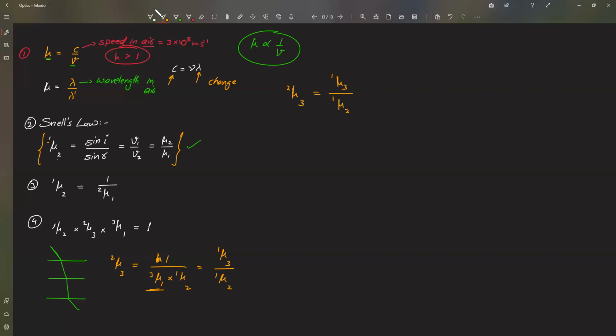And if medium 1 is nothing but air, then the same thing changes to mu 3 divided by mu 2, right? Because with respect to air, it is the absolute refractive index. Then we have seen lateral shift.